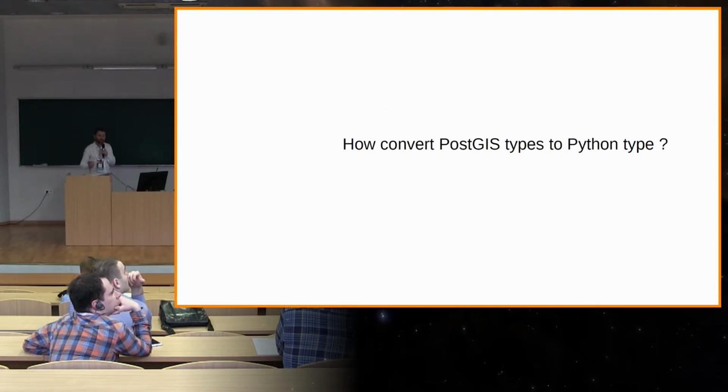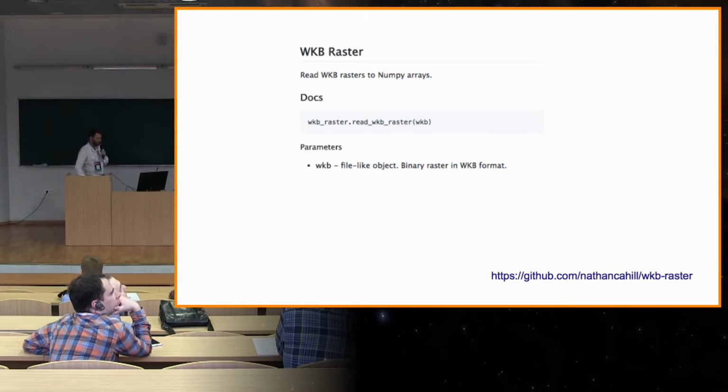But the key point is how to do that also with PostGIS types, and to convert between WKB raster and NumPy array.